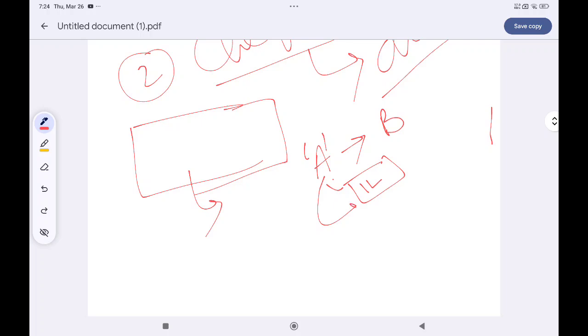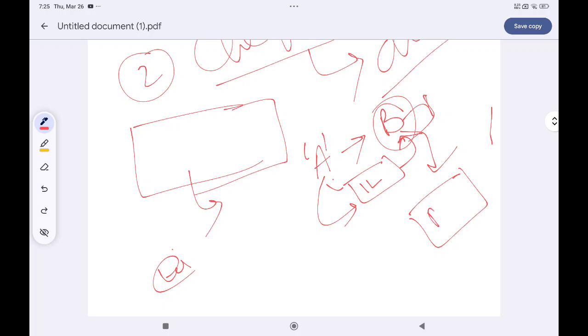So A writes the cheque, and the cheque is handed over to B. Will B immediately get the money, that 1 lakh rupees? No. B has to go to the bank.